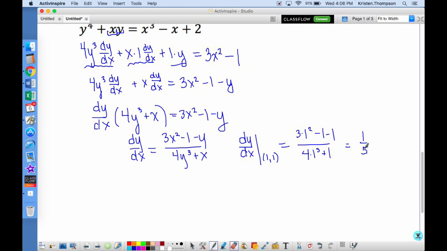If they only gave us one x or one y, we would plug that x or y into our original function to solve for the other. Now that we have our slope and we have our point (1, 1), we just simply write our tangent line, y minus 1 equals the slope times x minus 1.